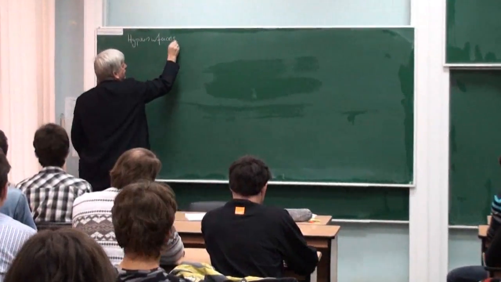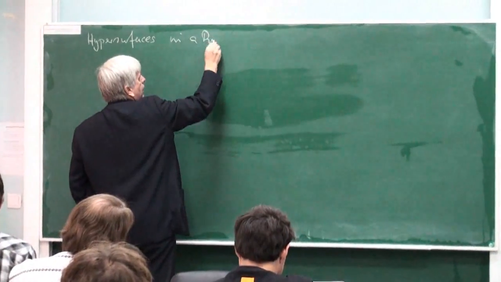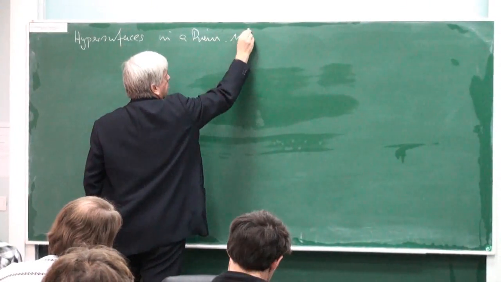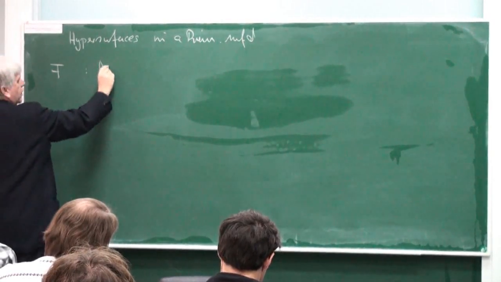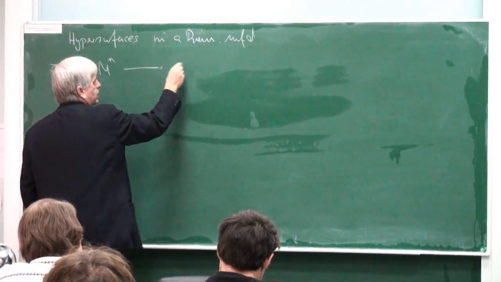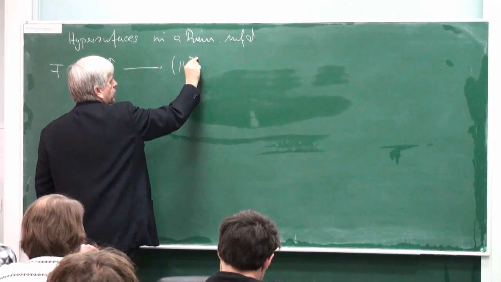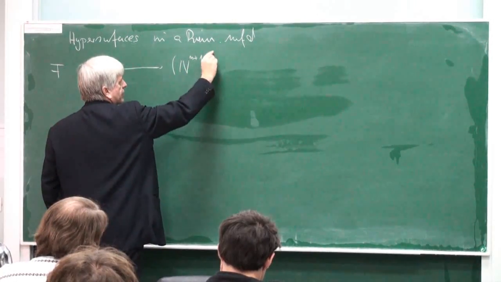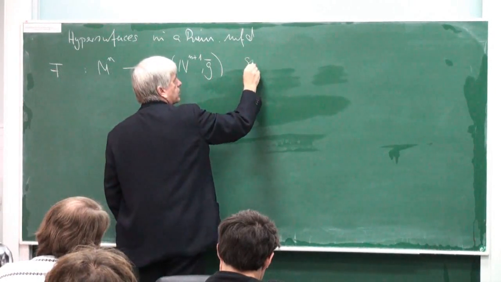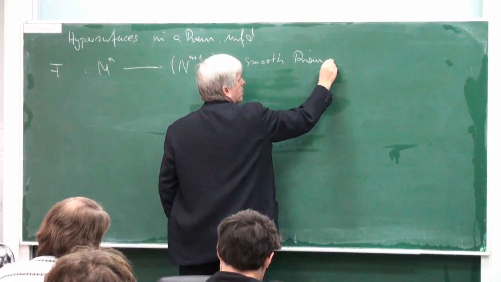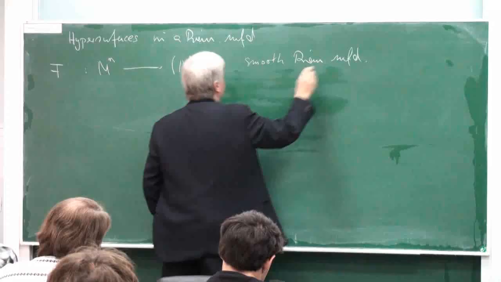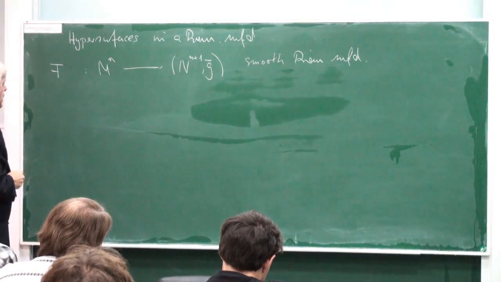So, hypersurfaces in a Riemannian manifold. Consider a map F from some manifold M^n into a smooth Riemannian manifold N^{n+1} with Riemannian metric G bar.